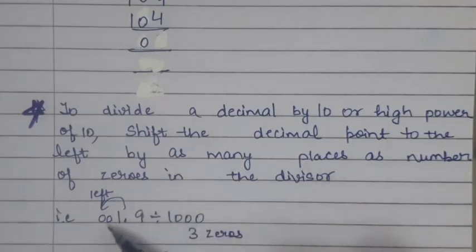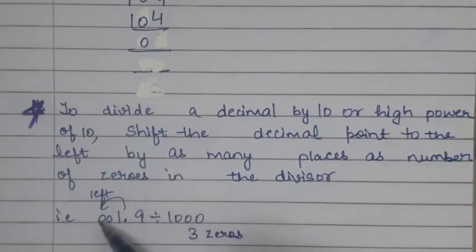So now here we have to divide 1.9 by 1000. How many zeros are there? There are 3 zeros. So now start shifting towards left. 1, no digit, so put 0, 0.